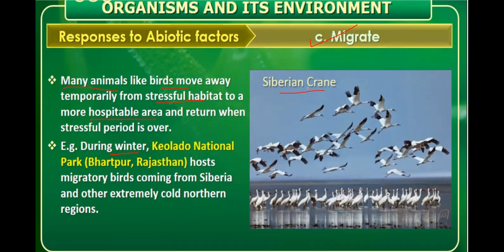So the habitat becomes stressful for these birds. They migrate from the stressful habitat of Siberia and other extremely cold northern regions and come to Keoladeo National Park in Bharatpur.